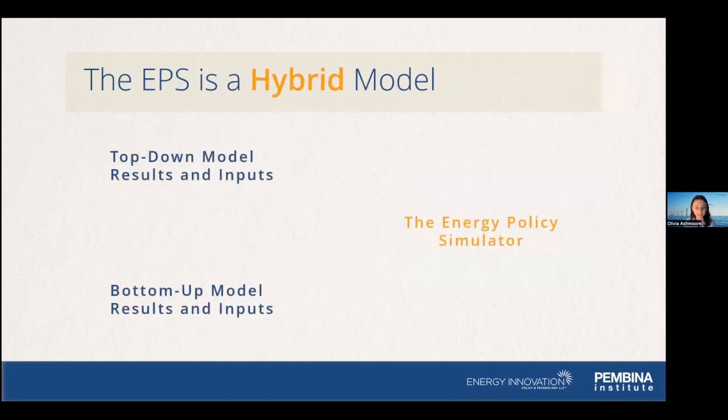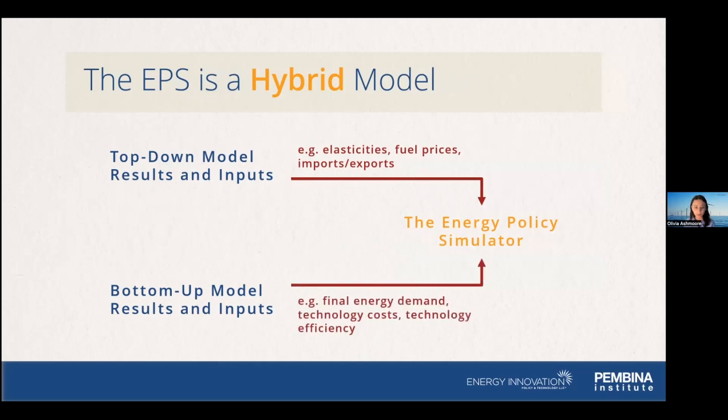So the EPS is a hybrid model. It takes primarily existing model data from reputable, typically federally produced sources. And then we use this underlying data to create our own forecast that combines both bottom-up and top-down modeling results.